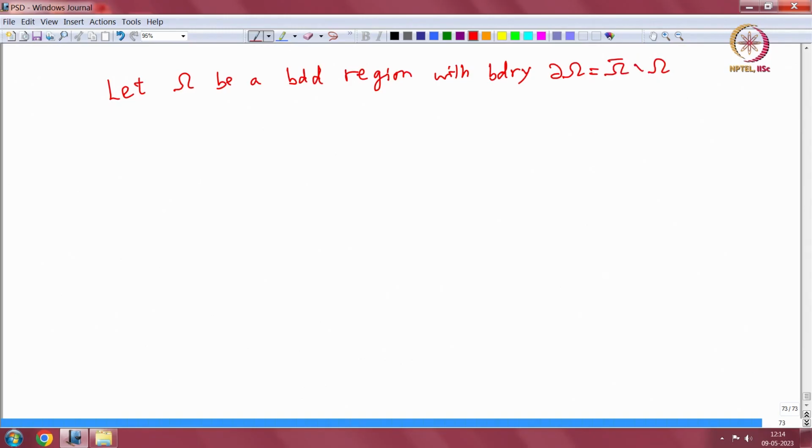f, and f is given in the class Hm of omega, and we wish to seek an extension of f to a larger domain, and we have already seen the importance of such extensions.